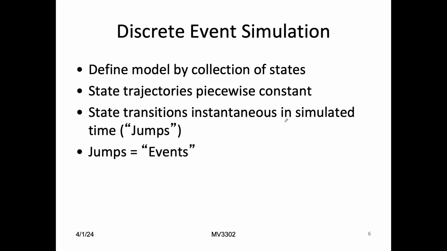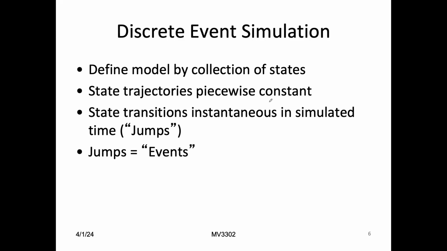Now, what makes discrete event simulation different from other types of simulations is that the state trajectories are piecewise constant. We'll see what a state trajectory is. The state transitions occur instantaneously in simulated time. In other words, let's say we're waiting in line to get the food, and somebody joins.